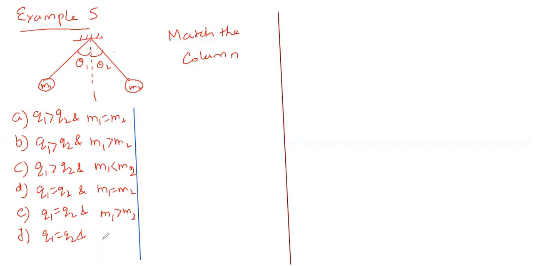In F part, q1 is equal to q2 and m1 is less than m2. Now G part, we are given q1 is less than q2 and m1 is equal to m2.